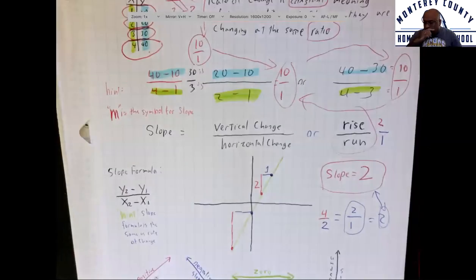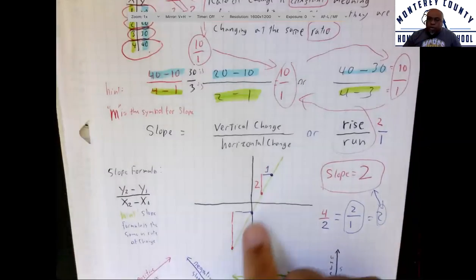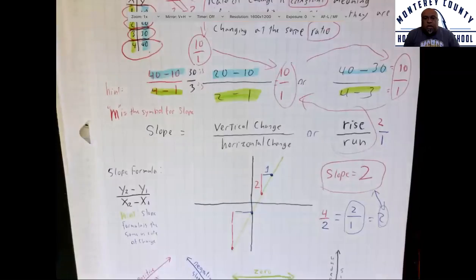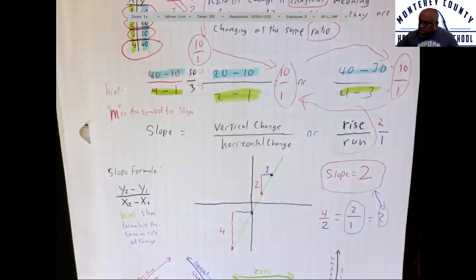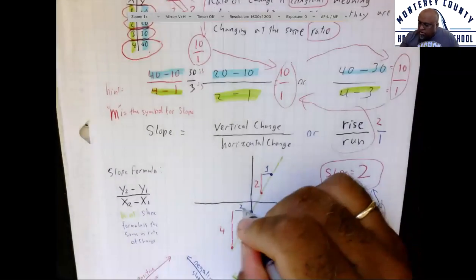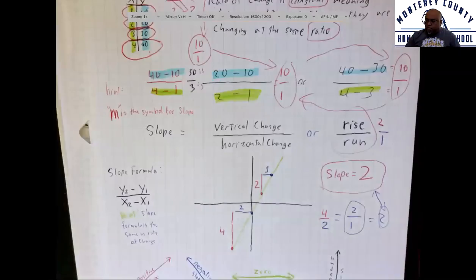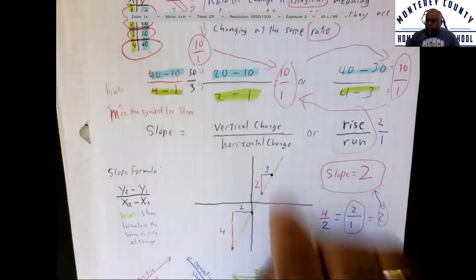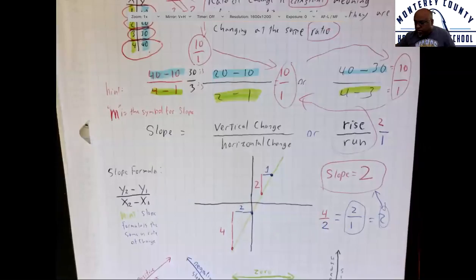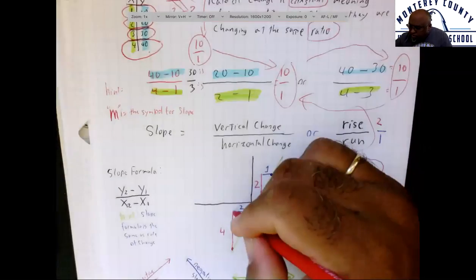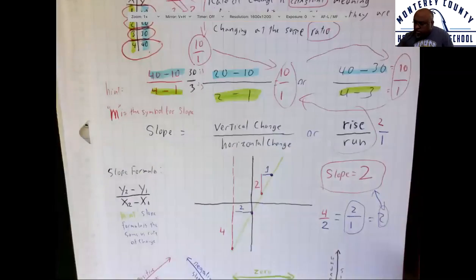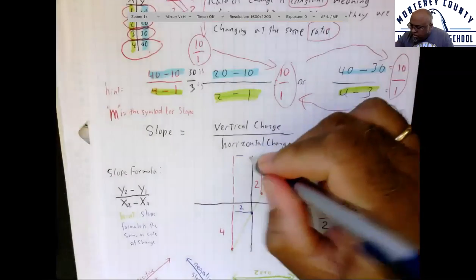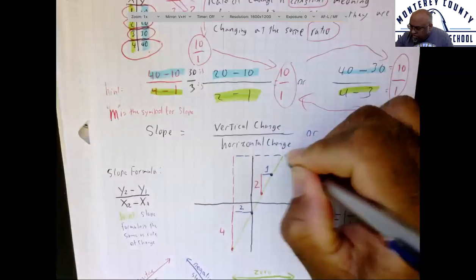Okay? So as long as I'm going between actual points that my graph is on, it doesn't necessarily matter, because if I get a larger number for my slope, 4 over 2 will reduce to 2 over 1. And it works if I went super huge. Okay, I think that's 10. 1, 2, 3, 4, 5.